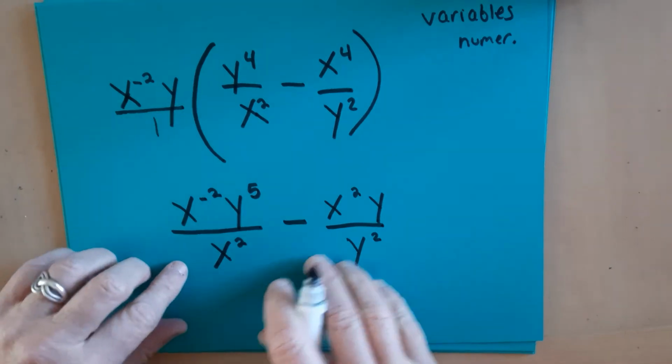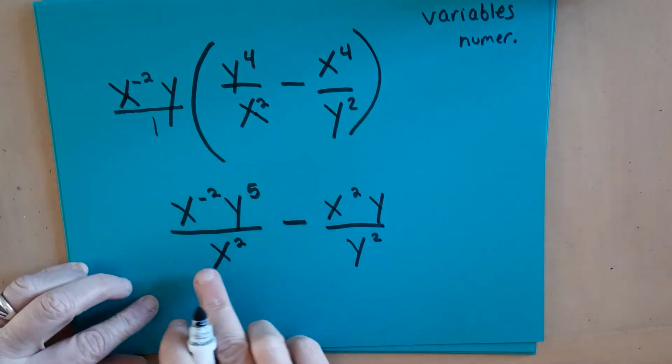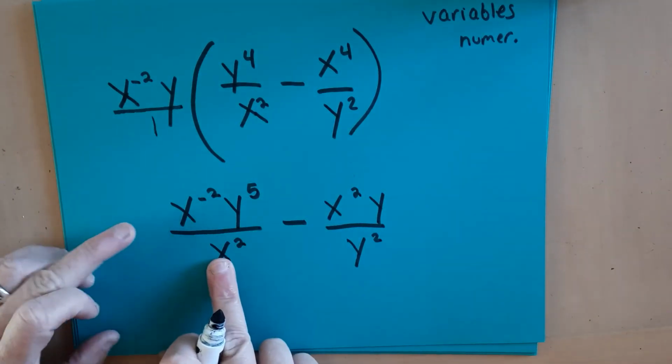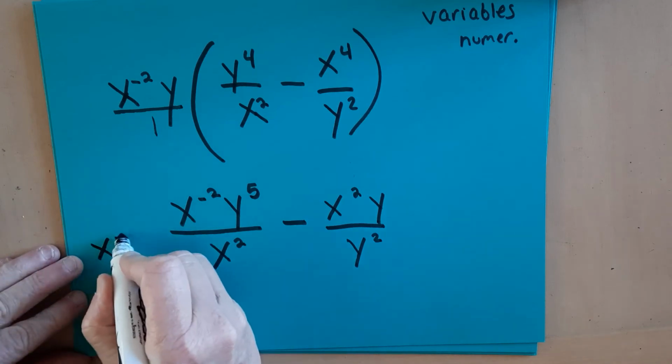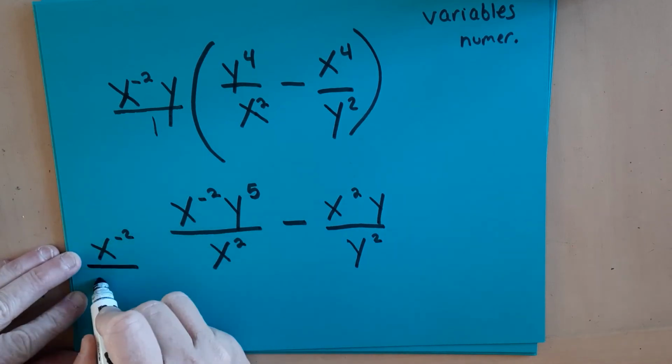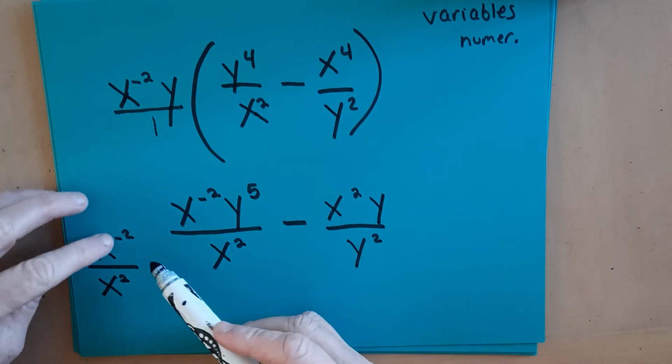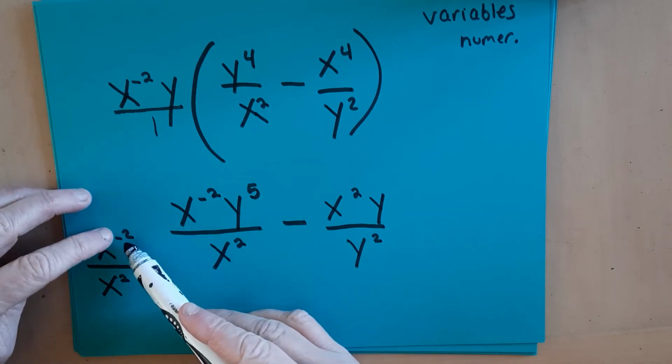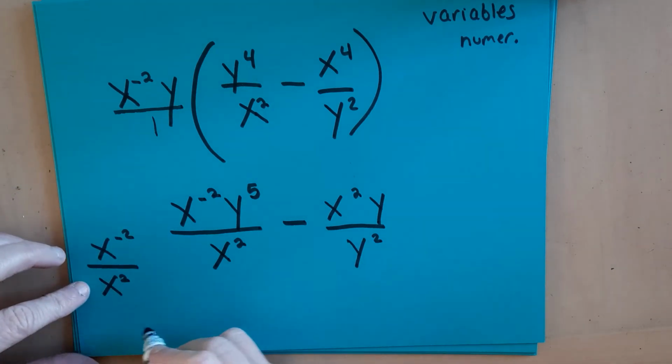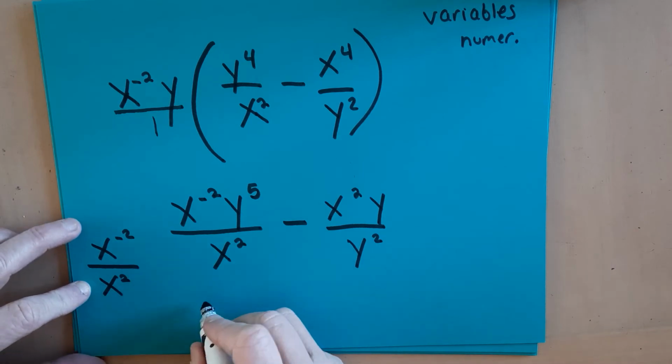We're going to simplify first before we switch the variables to the numerator. We can see we can do the x's. When we have x to the negative second over x squared, you remember that you subtract. You say negative 2 minus 2. So that's going to give us x to the negative fourth.